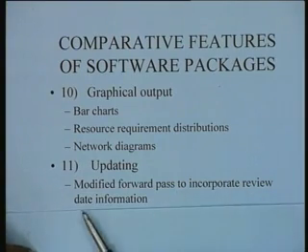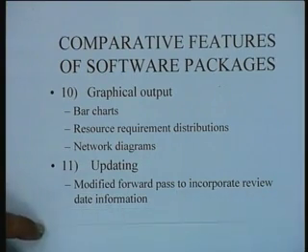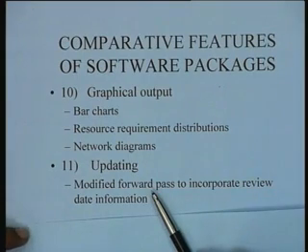With these revised estimates, if you do a modified forward pass to incorporate the review date information, you will have updated information on the critical path and the forecast of the project completion time. This is how you are going to compute the project completion time. So the question is, do packages have this kind of facility for updating? That is another feature of some of these packages.